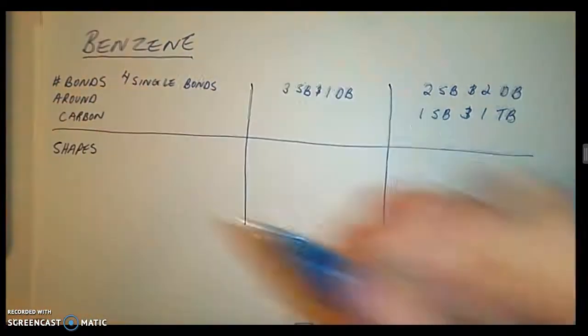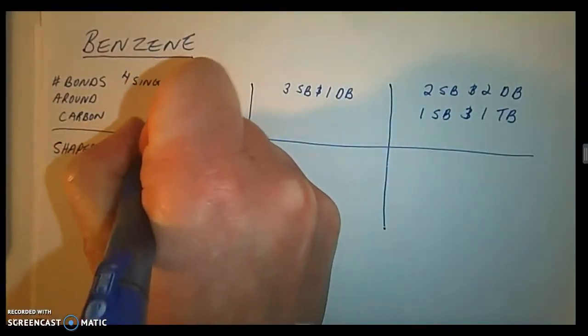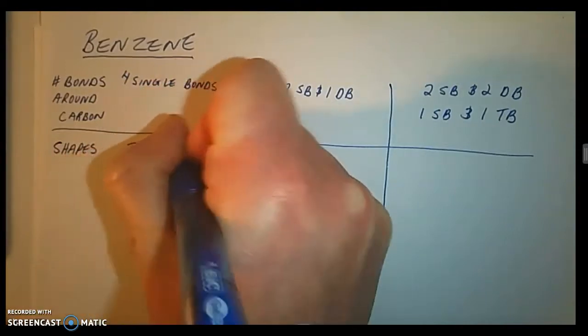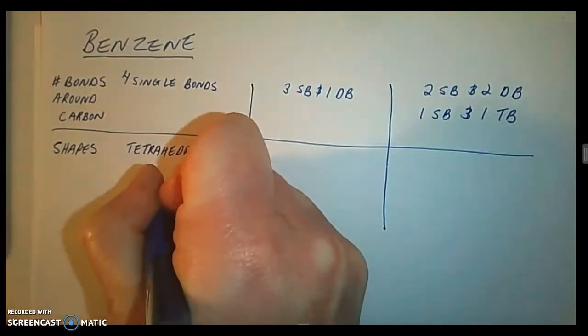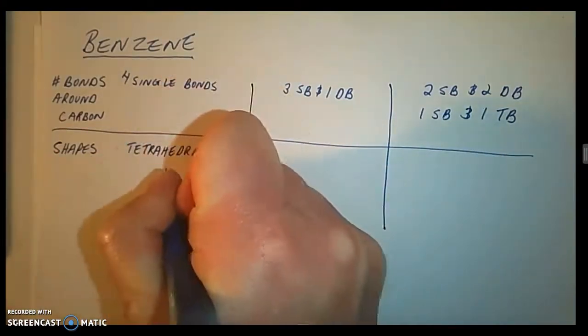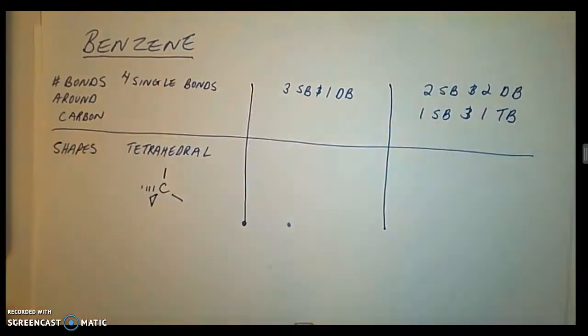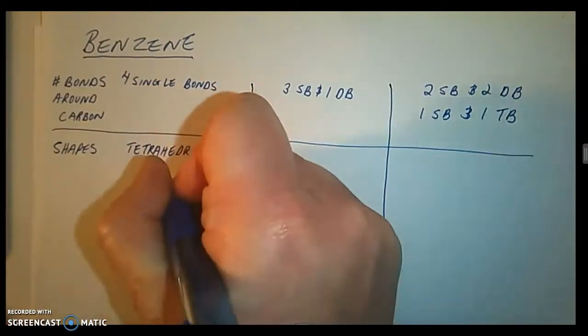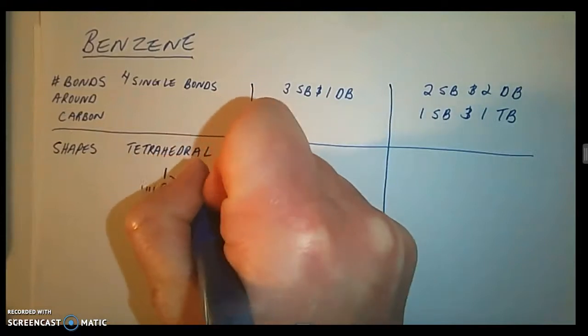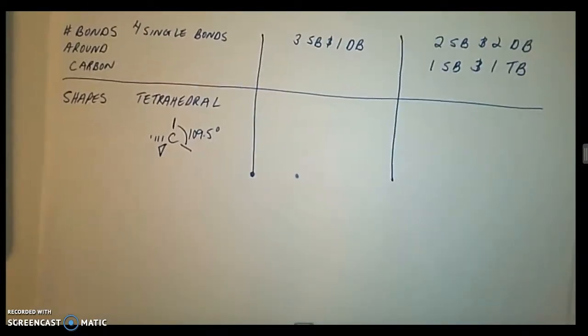If you have 4 single bonds around a carbon atom, that gives what we call a tetrahedral shape, where you have a carbon in the middle, and then bonds all making angles in 3D space, 109.5 degrees between each bond. IB does make a big deal about you memorizing those, so it's nice that you're not writing your IB exam, so you don't have to necessarily have that memorized.